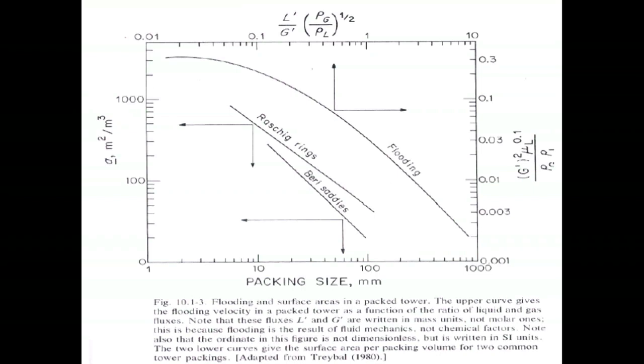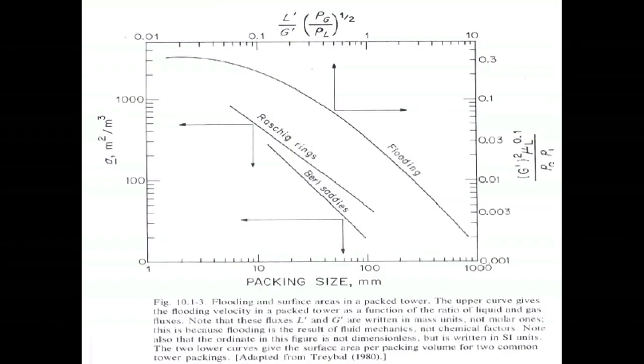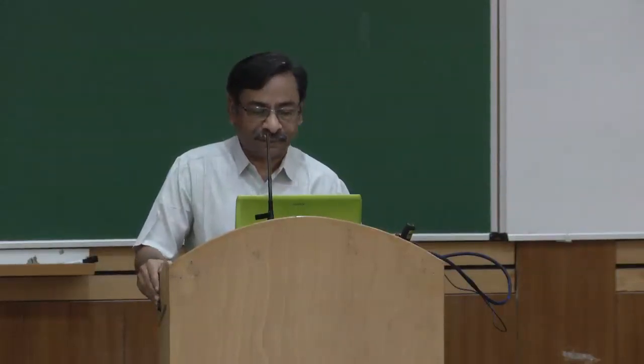So here is the chart. On the y-axis, we have specific area, meter square per meter cube, and on the x-axis, we have the packing size, from 1 millimeter to a meter. You have a log scale here.